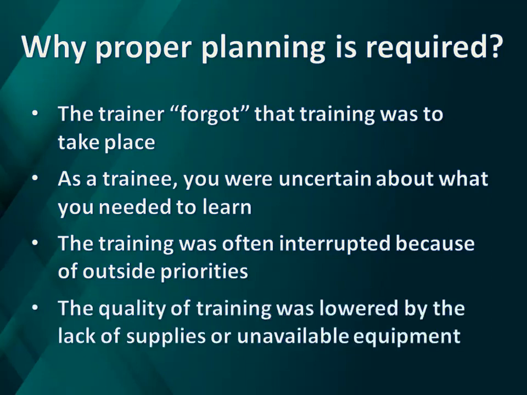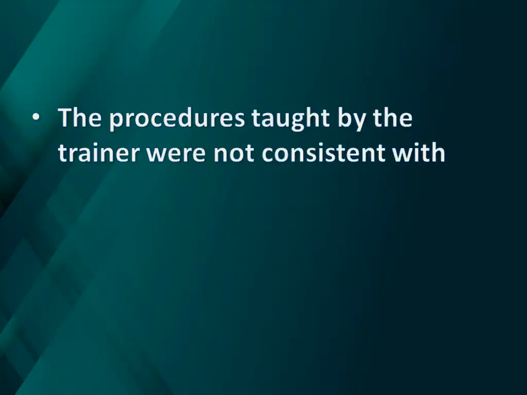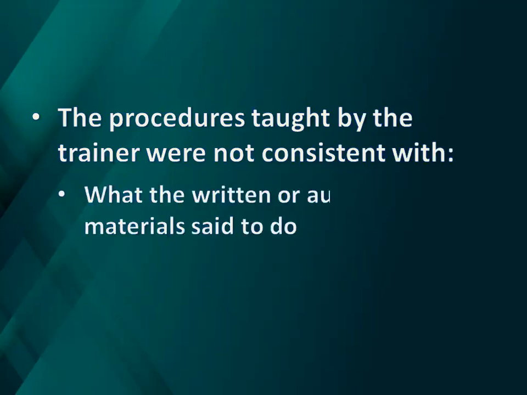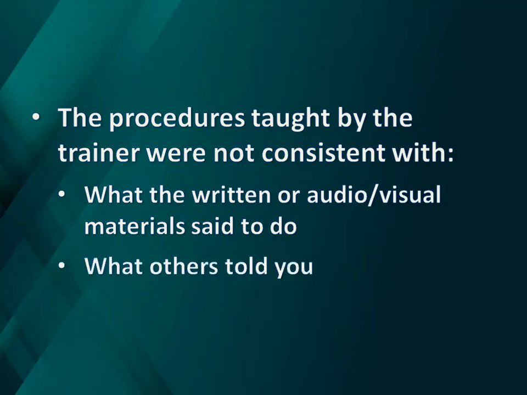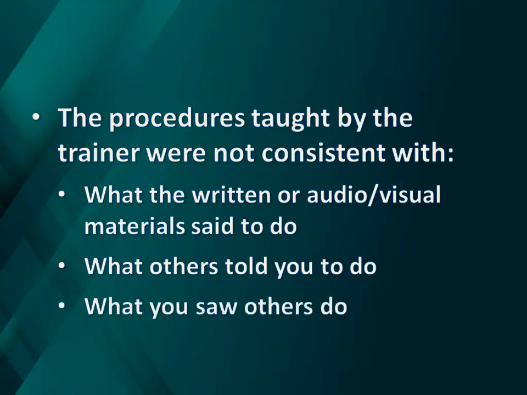The quality of training was lowered by the lack of supplies or unavailable equipment. The procedures taught by the trainer were not consistent with what the written or audio visual material said to do, what others told you to do, what you saw others do.